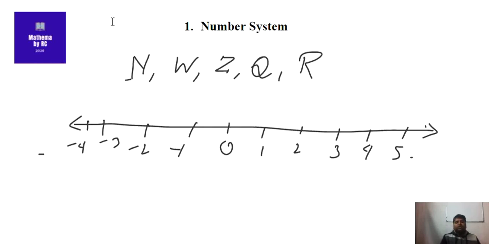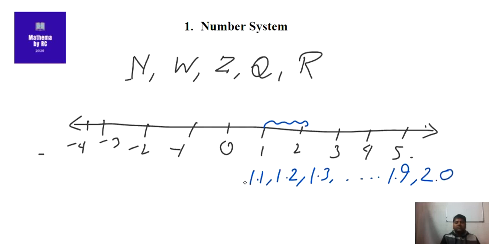We also discussed that between 1 and 2 there are different kinds of numbers. Suppose 1.1, 1.2, 1.3 and so on up to 1.9, and then 2, in decimal representation.